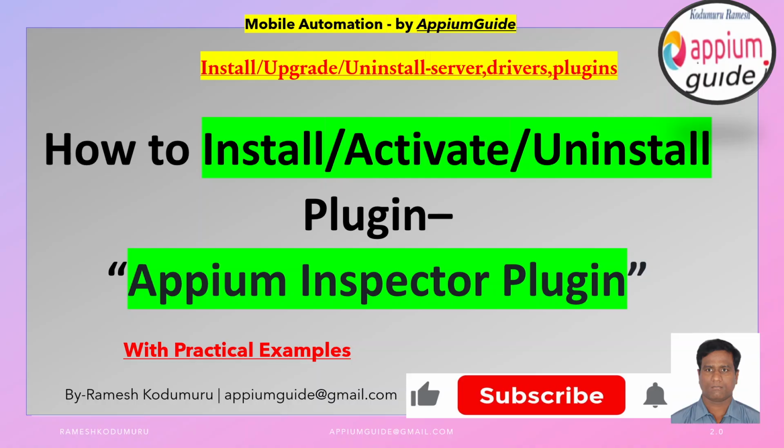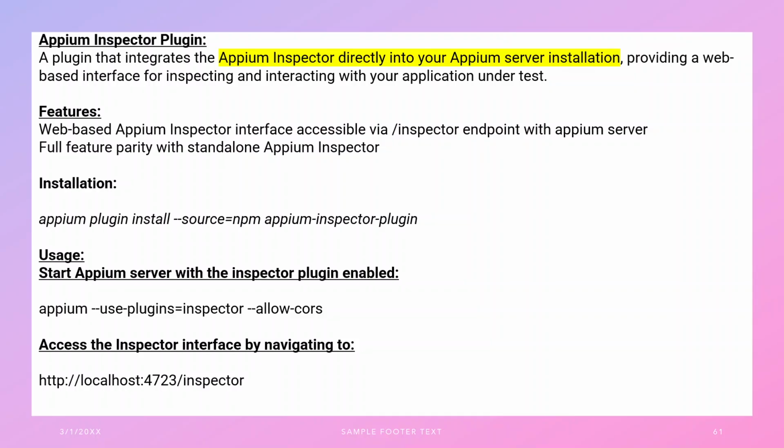First of all, you need to understand what exactly this Appium Inspector plugin is. By using this plugin, we can integrate Appium Inspector directly into the Appium server installation, providing a web-based interface for inspecting and interacting with your application under test.